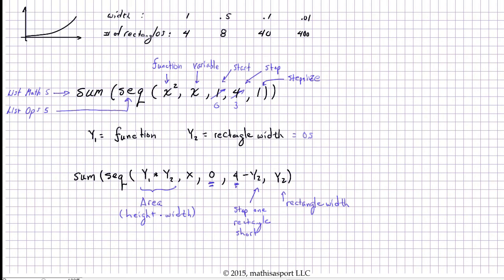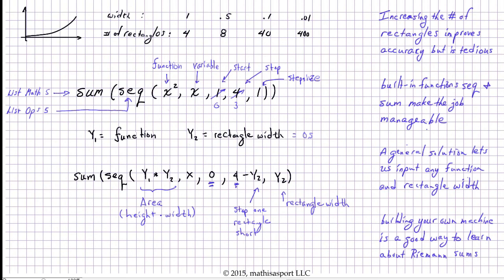So let's see if we can't sum up what's happened as we've built this general signed area finding machine. We want to increase the number of rectangles. It improves the accuracy, we have reason to believe, but it's very tedious. But by using the sum and sequence functions, we can make the job reasonable.